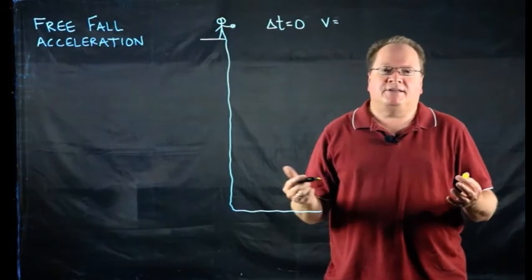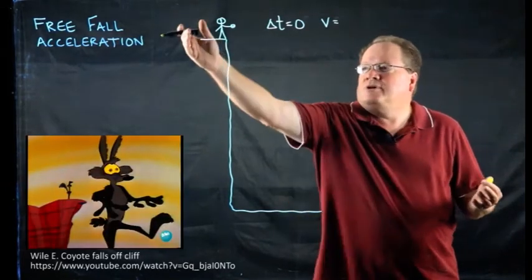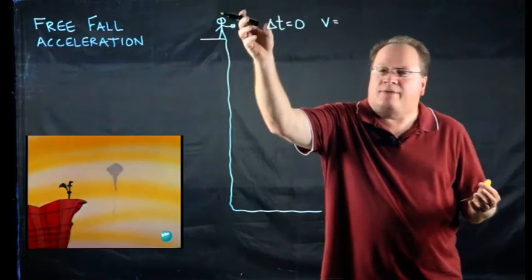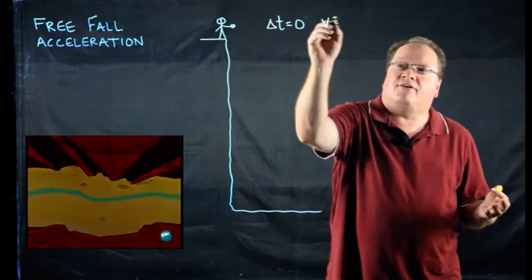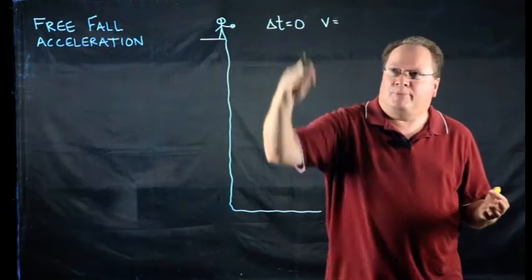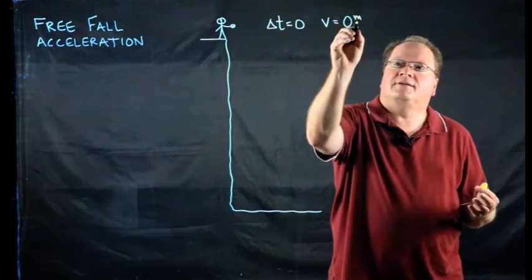Well, if you ever saw the Coyote and Roadrunner, this is like when the coyote ran off the edge of the cliff, and in that moment as he ran off, he wasn't moving downward at all. So we would say that our initial velocity, up and down at least, is 0 meters per second.